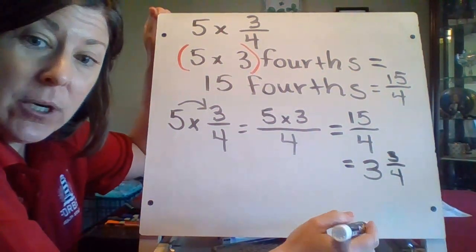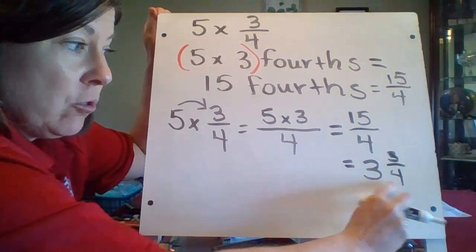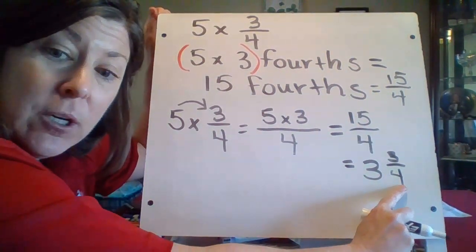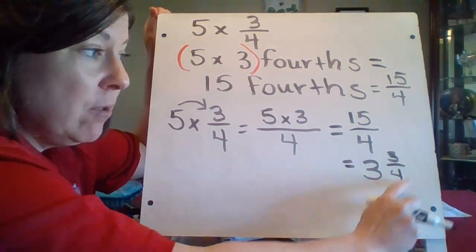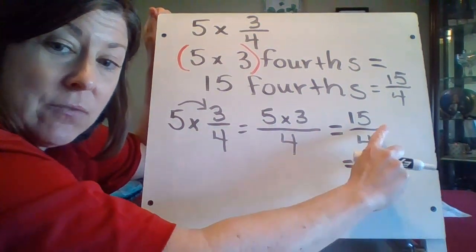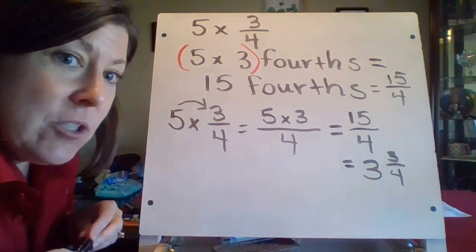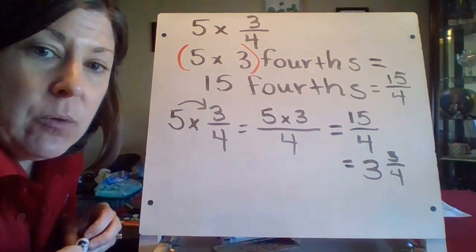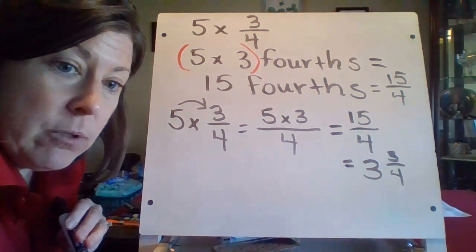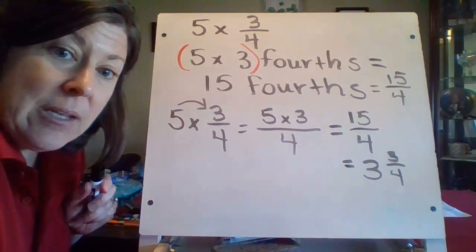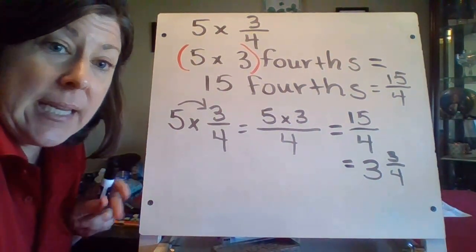I can check my work: 3 times 4, or 3 of the 4 fourths, is 12, plus 3 is 15, and I'm right back to 15 fourths. So now let's try a few examples without unit form, just strictly writing our number sentence and getting a solution.